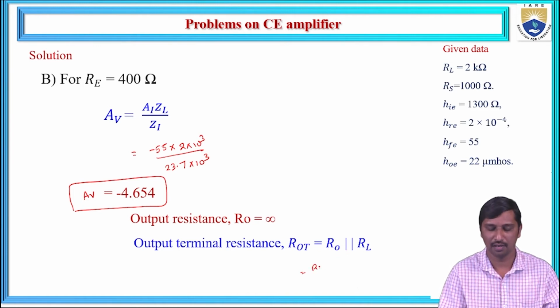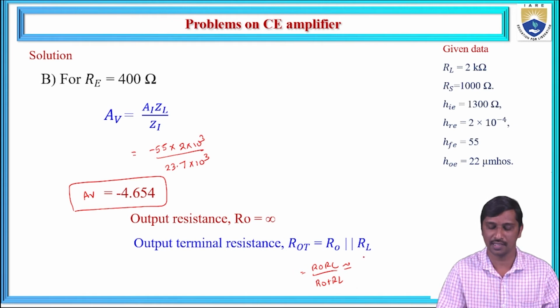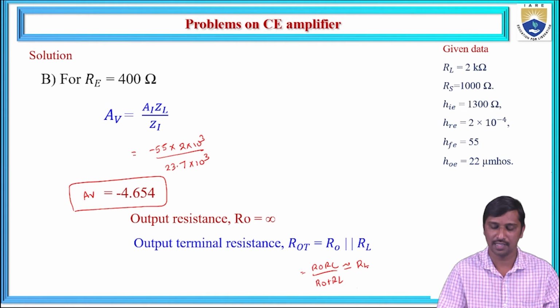So again, this is R0 into RL by (R0 plus RL). But we know that if the two resistances are unequal, the parallel combination is close to the smaller resistance. Hence, from that representation, the equivalent resistance is equal to load resistance. So what is the load resistance? That is equal to 2 kilo ohms.